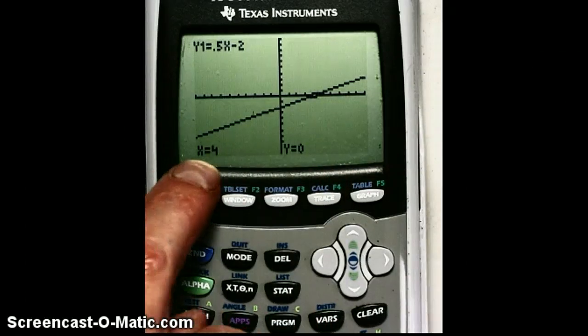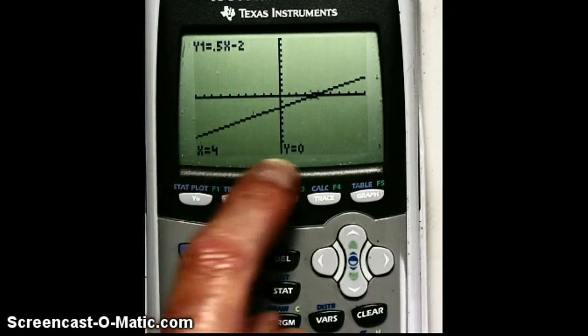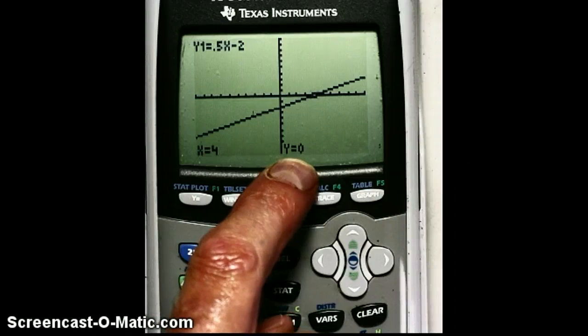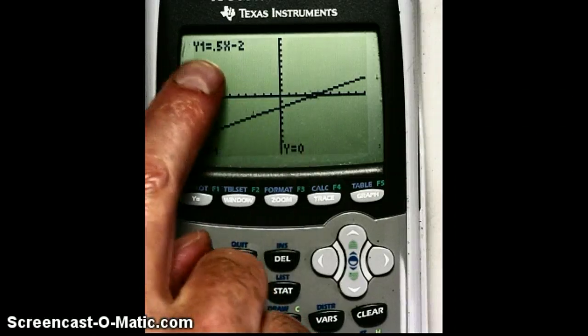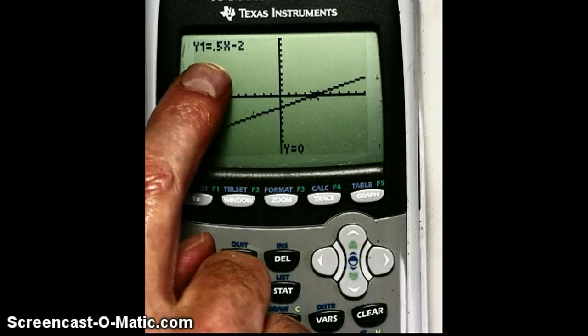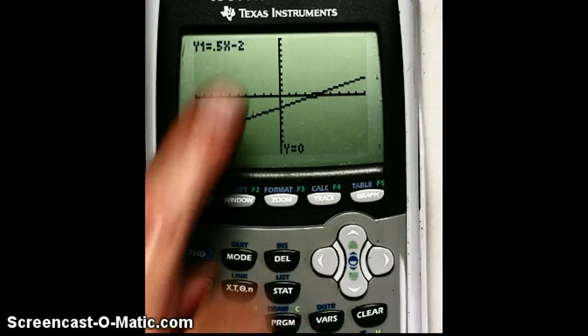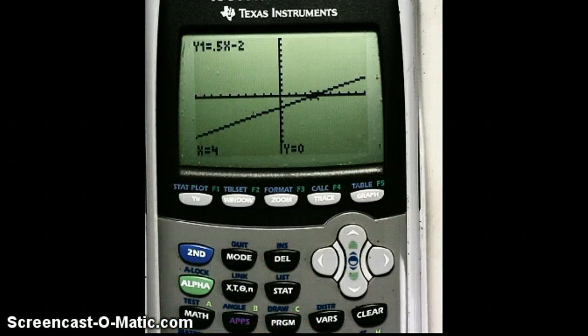So this value is called the 0 of the function, because it's a place where the function crosses the x-axis where y is 0. Also notice up here at the top that I have y1. My function is displayed for me so I could see it.